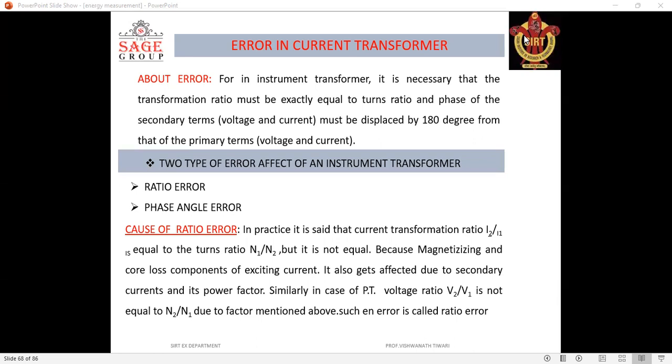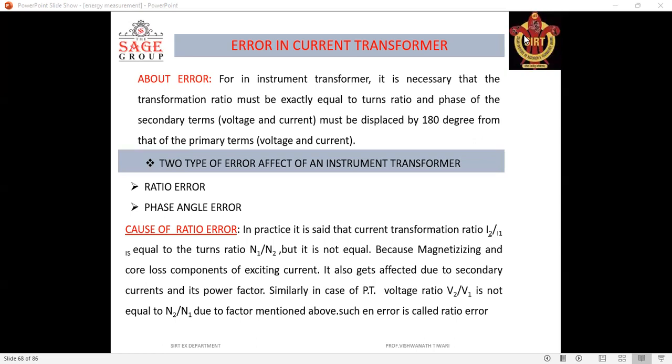What is ratio error? Cause of ratio errors: in practice, the current transformer ratio I2 by I1 is not equal to the turn ratio N1 by N2, because of the magnetizing and core loss components of the exciting current. It also depends on the secondary current and its power factor.